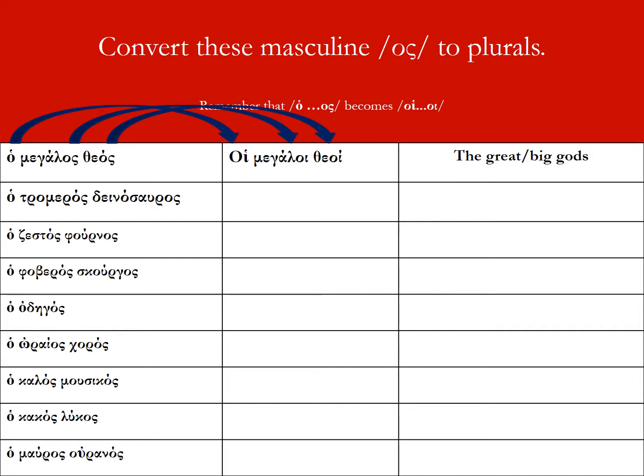We have o megalos theos, the great God, and each piece here, the article, the o, and the os in megalos and theos have to change over to the omicron iota. O megalos theos becomes e megali thei. And everything that you see listed here in the left-hand column will follow that exact same pattern.